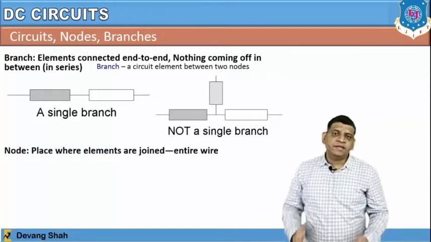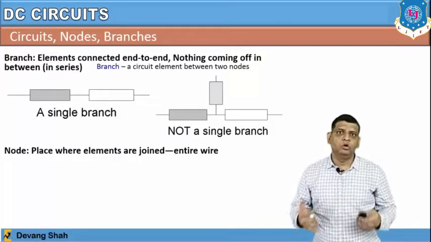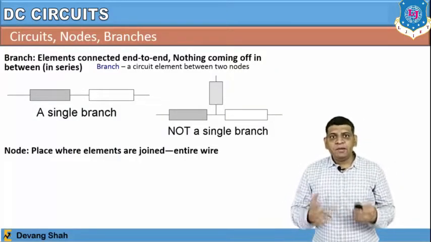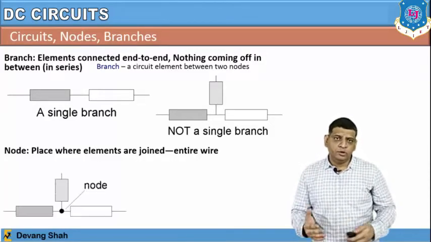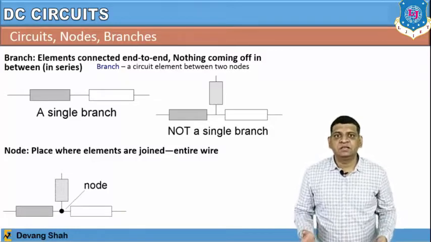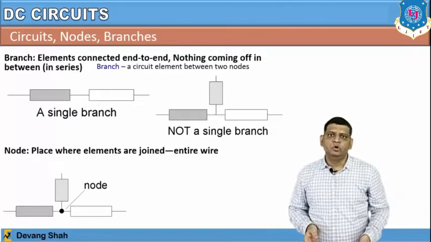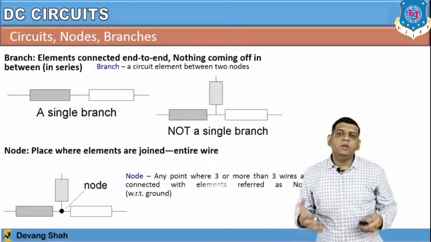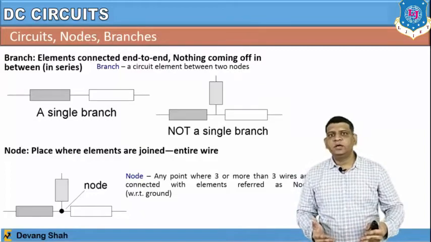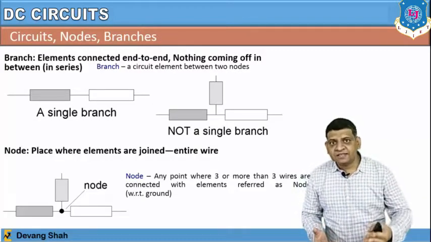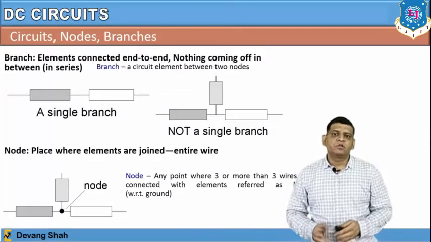Next is the node. Right. So what do you mean by the node? Ultimately, where all elements are connected, that is called a node. A node, or you can also consider it a junction, is where all these three components are connected. So what do you mean by node? At any point where three or more components, or three or more wires, are connected, that is defined as a node.